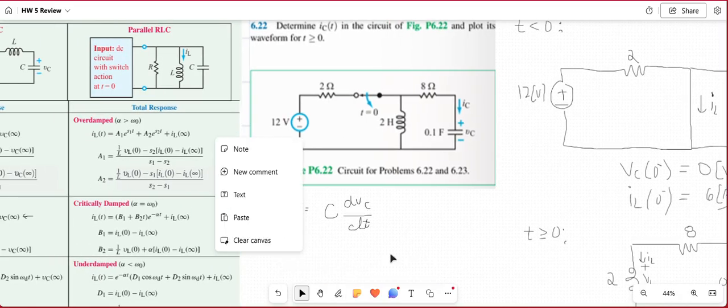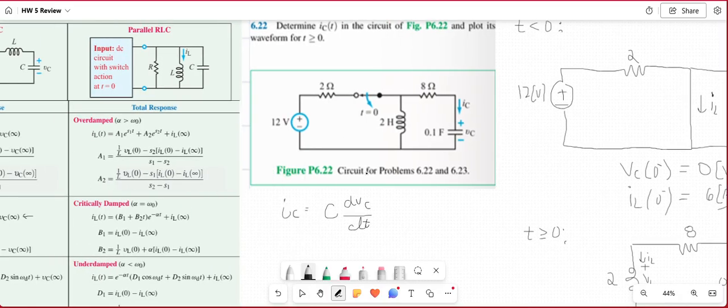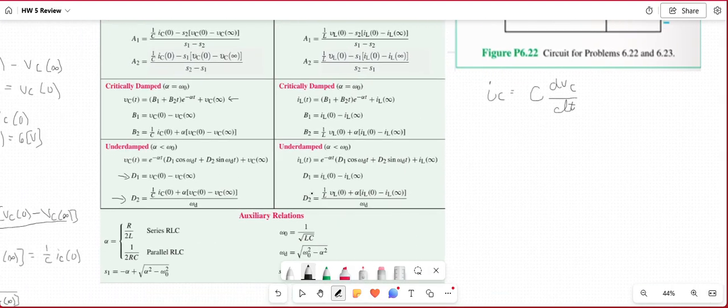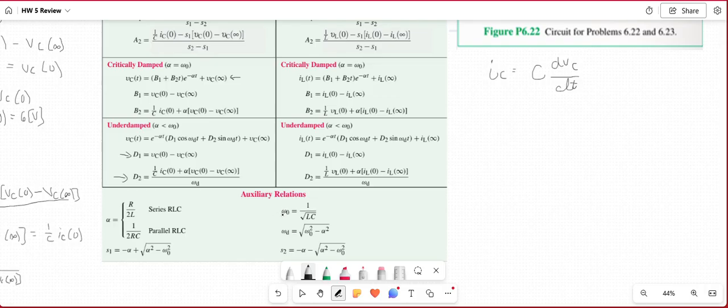If we don't know which response it is, we use these equations down here. We need to compare alpha and W naught and see if they're equal, or if alpha is less than W naught, or if alpha is greater than W naught. We're given R, L and C, so we can just use these.